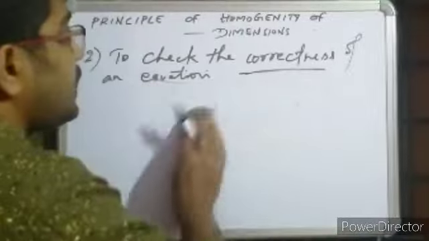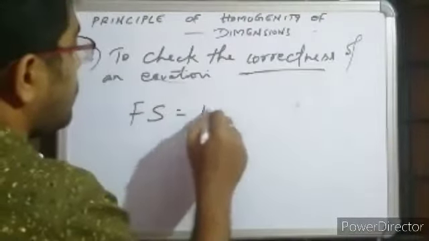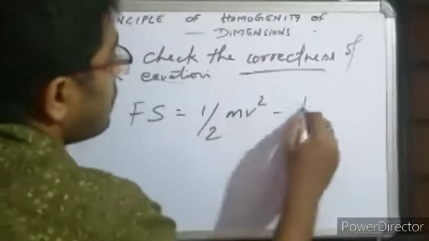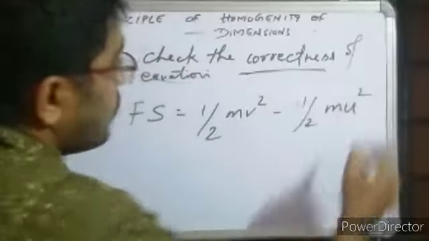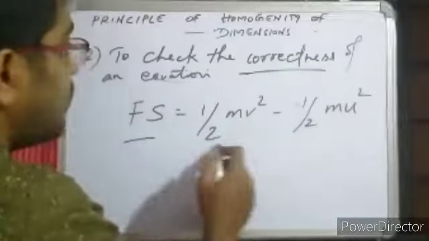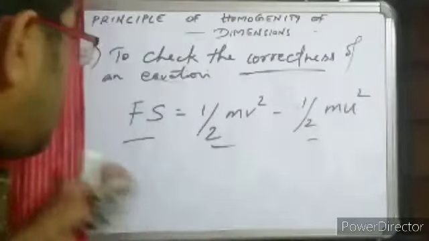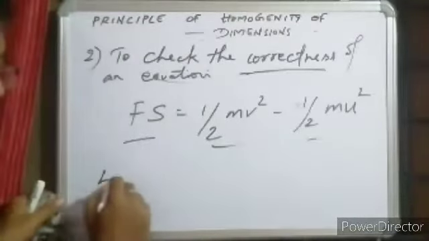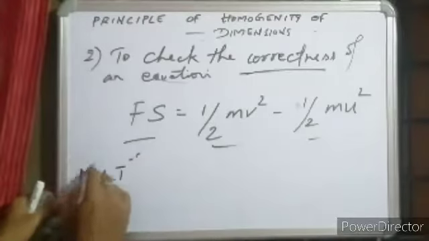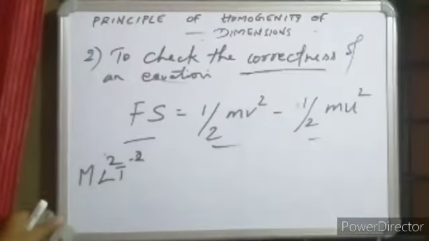So if I take an equation, let's take Fs is equal to half m v square minus half m u square. Again you are familiar with this equation, right? This is work and this is energy. So this is your work energy theorem. The dimension of force is m L t raised to minus 2, into L. So m L square t raised to minus 2.